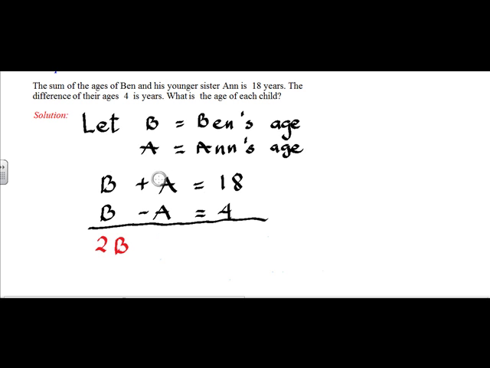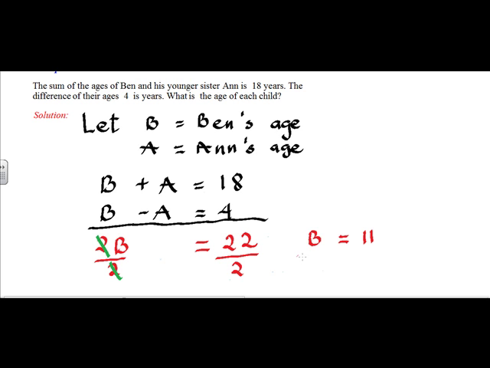The A plus A minus A becomes 0, so we don't have to write it down. Then 18 plus 4 is 22. To solve for B, divide by 2 on both sides. The 2 cancels out, so B equals 11, because 22 divided by 2 is 11.